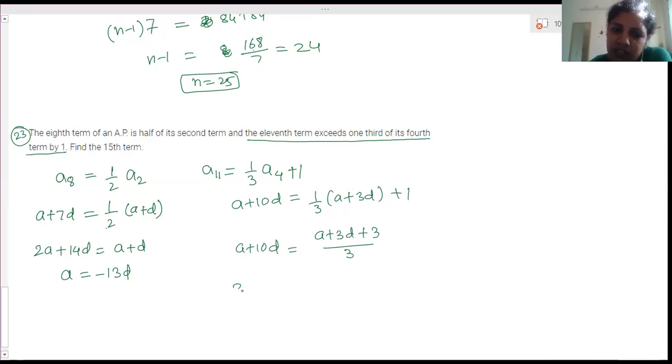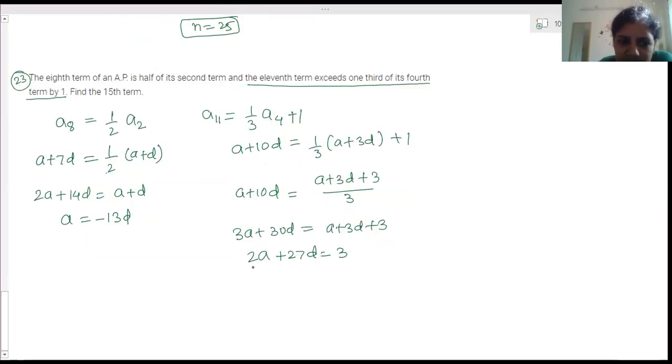So 3A plus 30D is equal to A plus 3D plus 3. So A will come here, that is 2A, plus 30D minus 3D, that is plus 27D, is equal to 3. Now substitute the value of A as minus 13D.